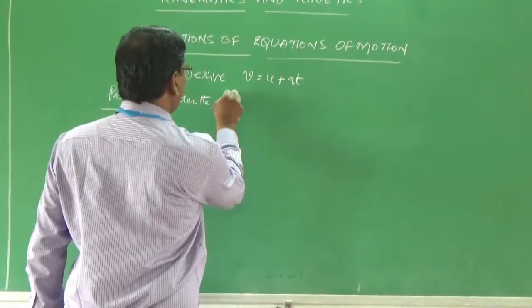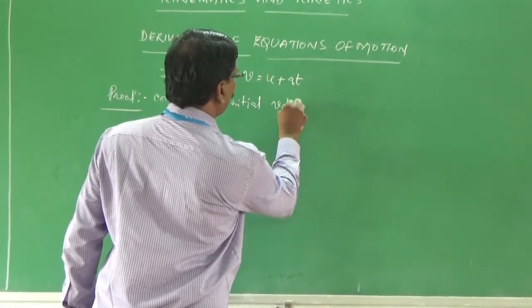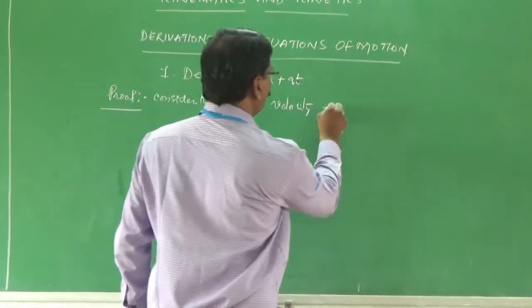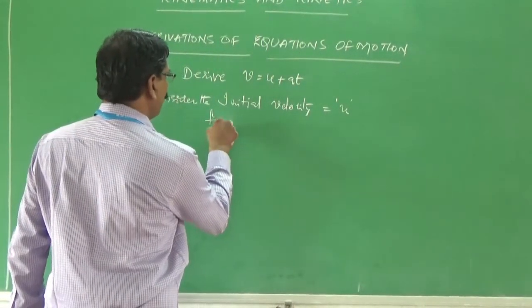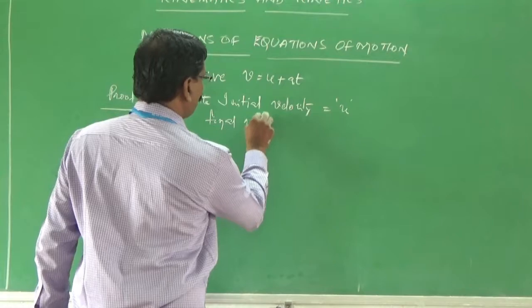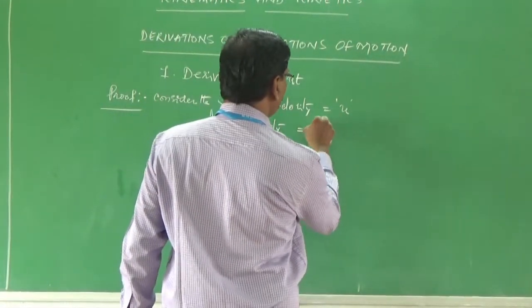Consider the initial velocity is equal to, say, some u, and the final velocity of the body v.